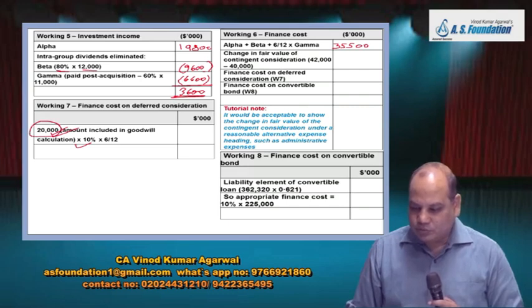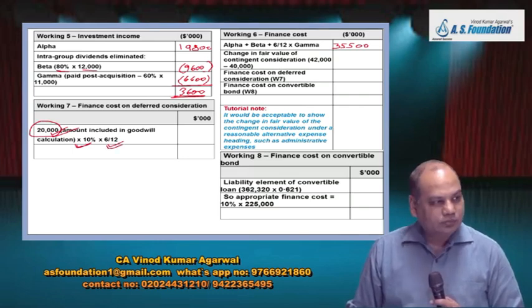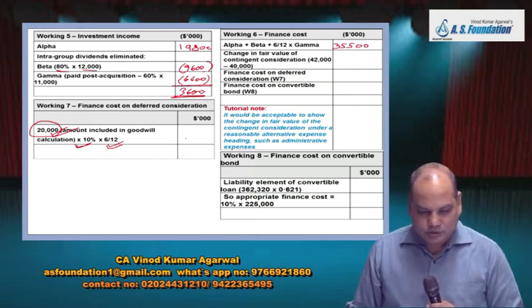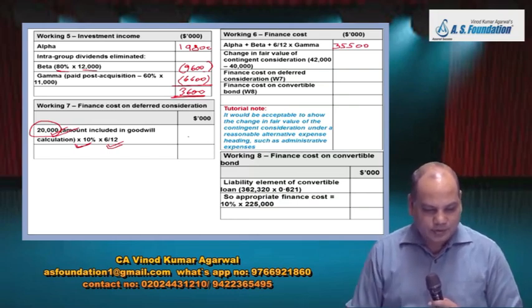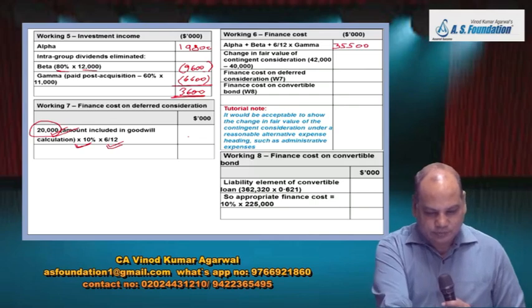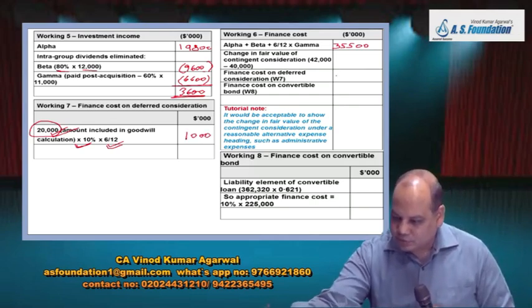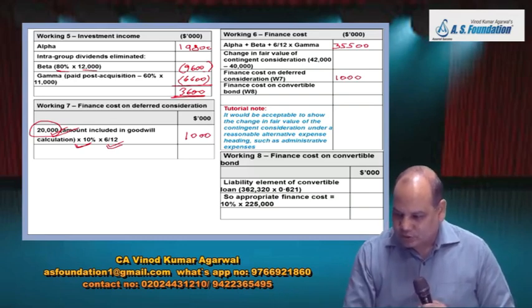So we have to provide the interest. And this year, how many months interest will be provided? 6 months. So what is the finance cost on deferred consideration? Is it 1,000? Okay, write 1,000. And this 1,000 you transfer to working note 6.